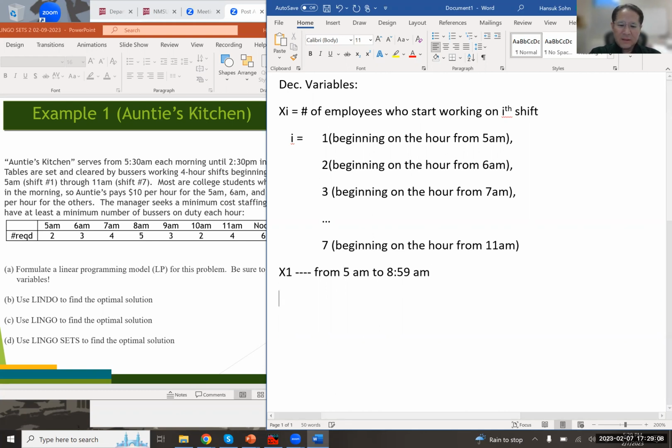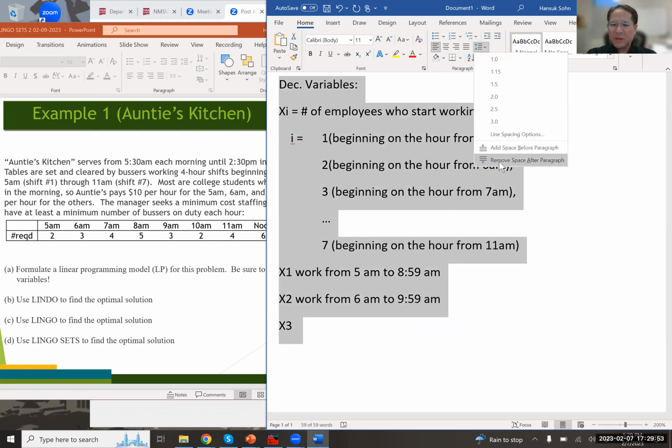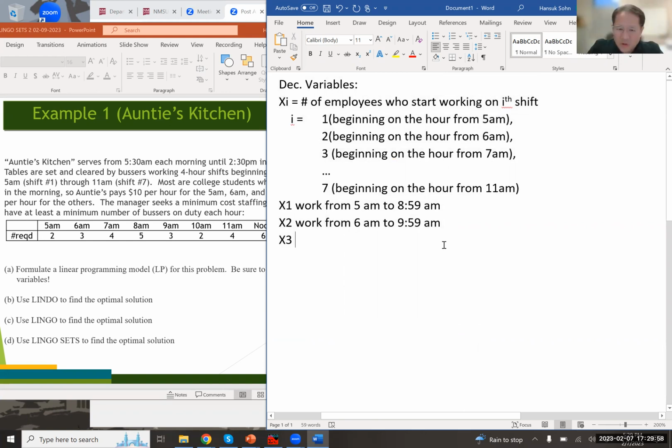Okay. And let's do this. X2 people work from 6 a.m., right, to 9:59 a.m. And X3, so X3 people work from 7 a.m. to 10:59 a.m., right?